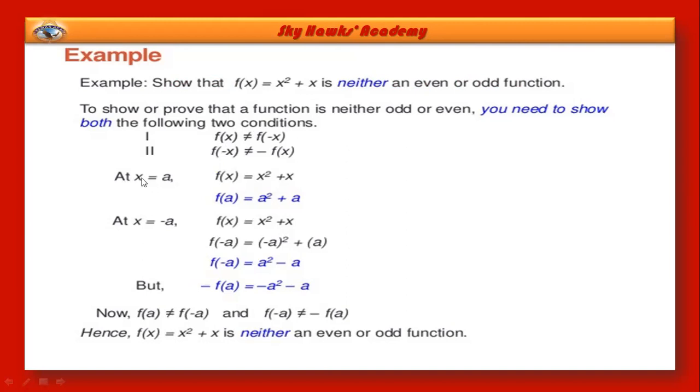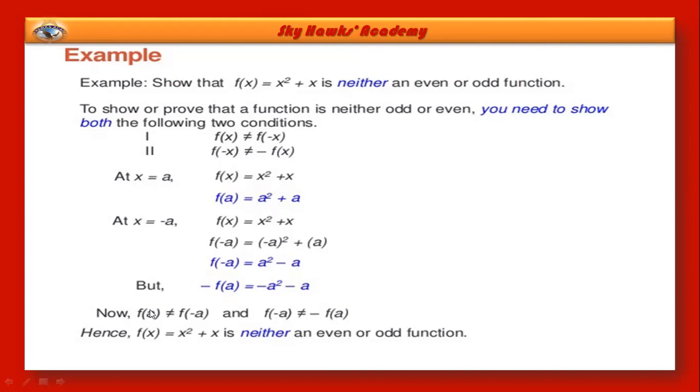So first, if you put the positive value, you get this one. And then you put the negative value, and you get this one here. So this is a squared and this is minus a. The only difference is the sign. So minus a is equal to a squared minus a. In this way, both are not the same.